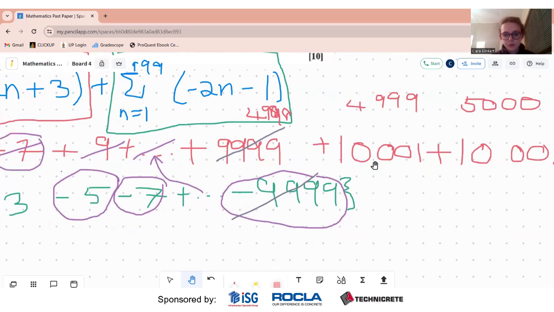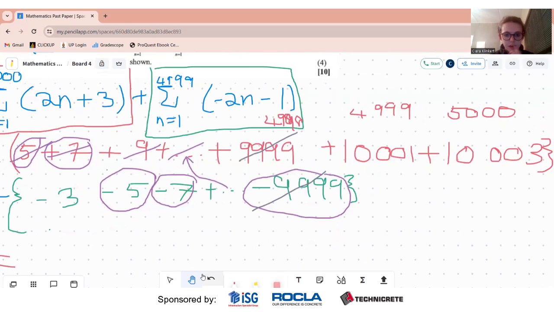So after you've done all of your canceling, because you realize there were patterns in these sums, we need to look at which terms are still left behind. Well, it's minus 3 here because that didn't cancel with any other term. This 10,001 didn't cancel with any other term, and neither did this 10,003.